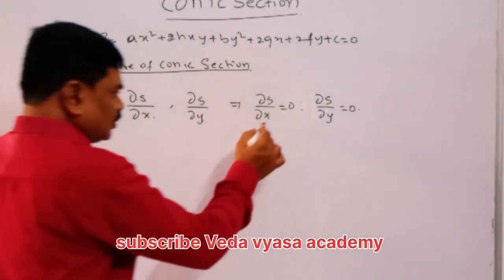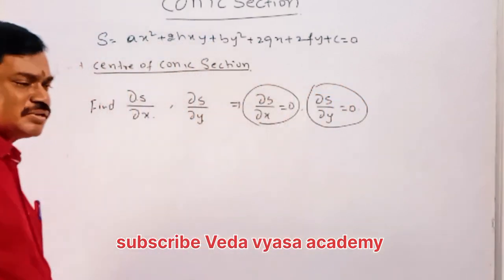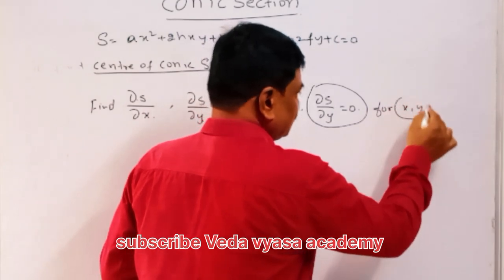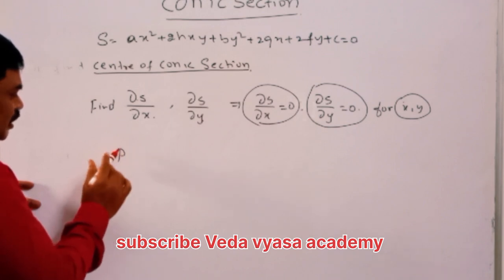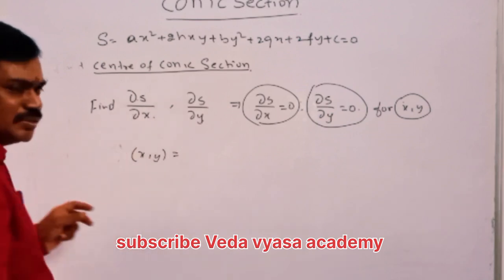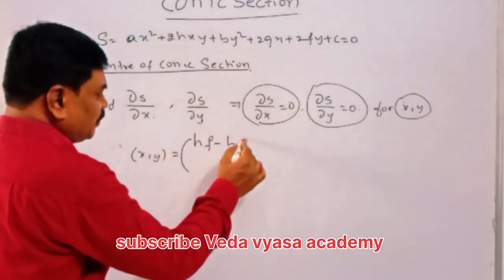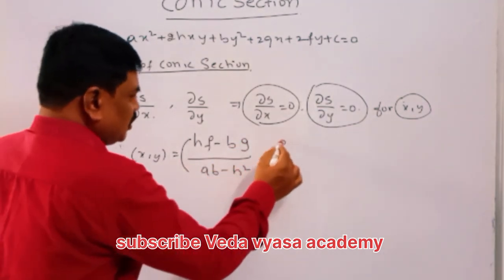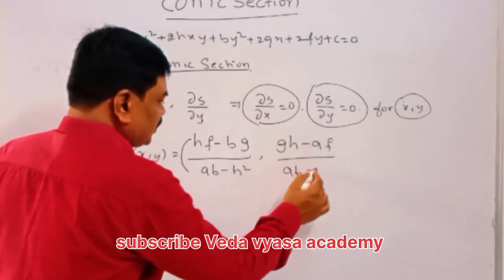Then solving these two equations for x, y, you will get the point P: x, y is equal to hf minus bg by ab minus h square, gh minus af by ab minus h square.